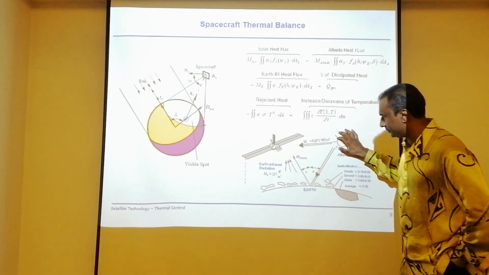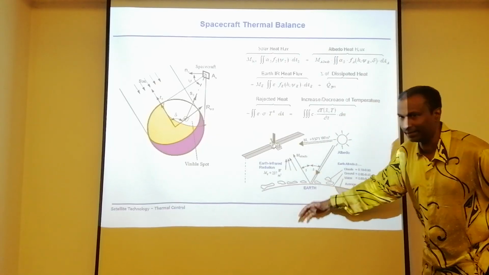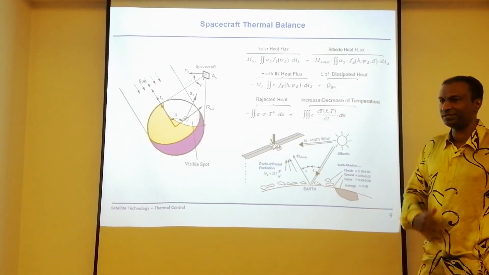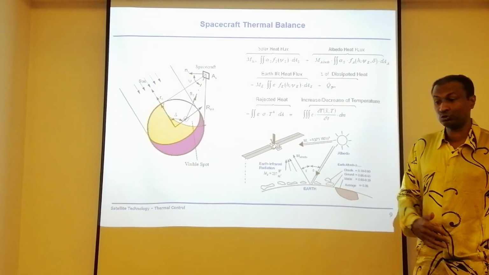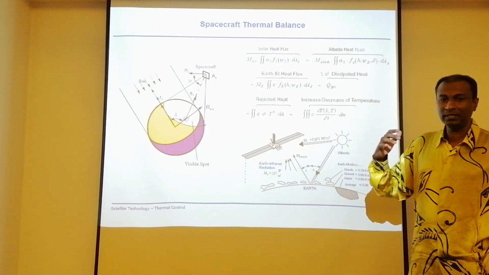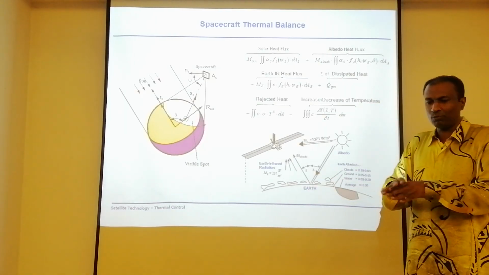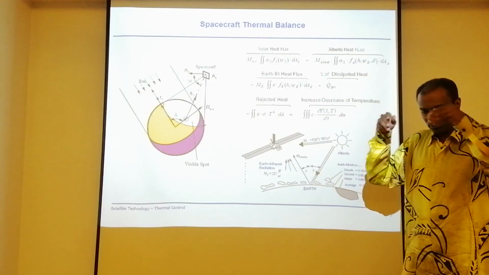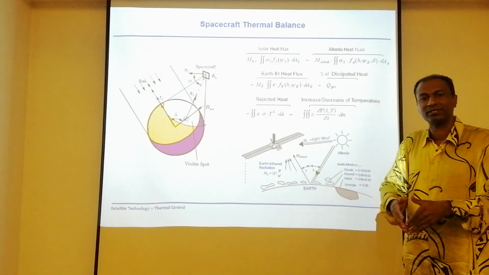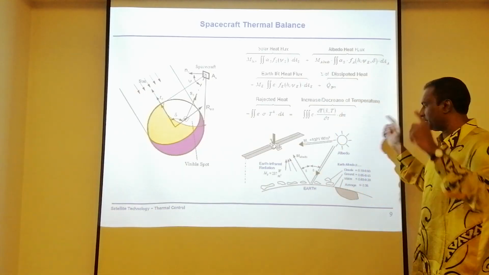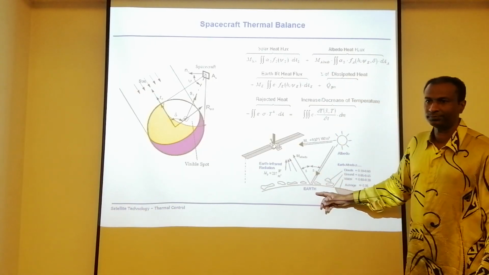Then sun is heating planet Earth. Planet Earth, you have sea, you have soil, you have mountains. Just for example, let's take sea. The sea is almost like a mirror. When the sun shines, it's going to reflect the ray. So the second one is basically what we call albedo.